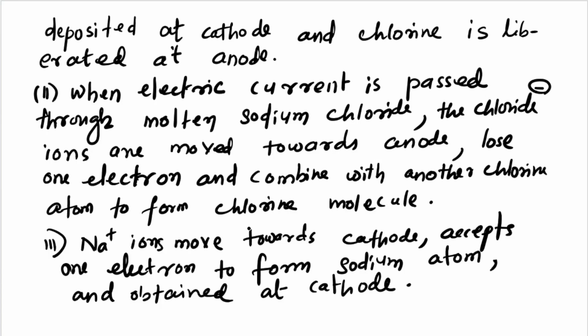Na+ moves towards the cathode, because it is positive and the cathode is negative. Similarly, the anode is positive. So I think it is clear to you.